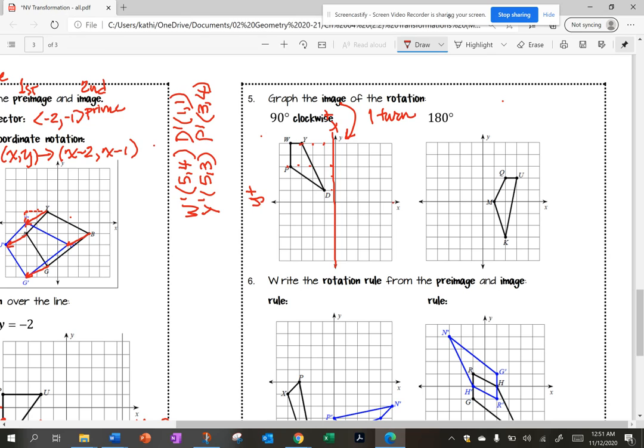So 5, 1, 2, 3, 4 is W prime. Y prime is 5, 3. D prime is 1, 1. And P prime is 3, 4. 1, 2, 3. 1, 2, 3, 4.